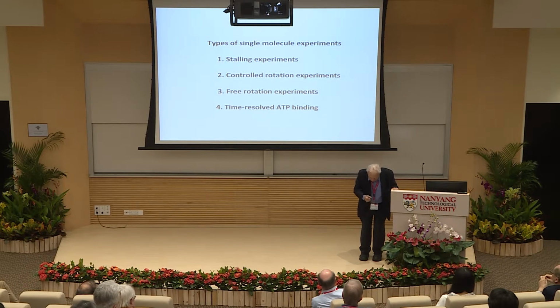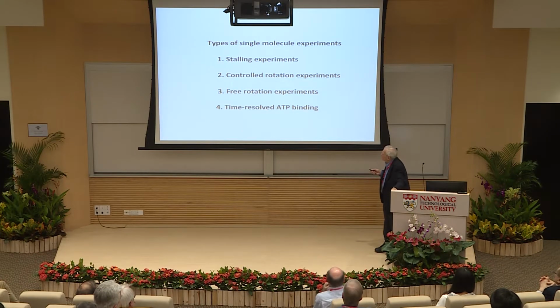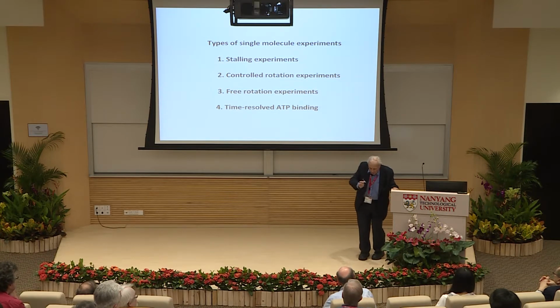When that same species is outside, it won't fluoresce. So you can follow this thing. Fluorescence is commonly used, as you know. So you can do these controlled rotation experiments. You can also do experiments where the thing freely rotates, and by fluorescent techniques and/or observation by optical methods, you can see something about its rate of rotation.